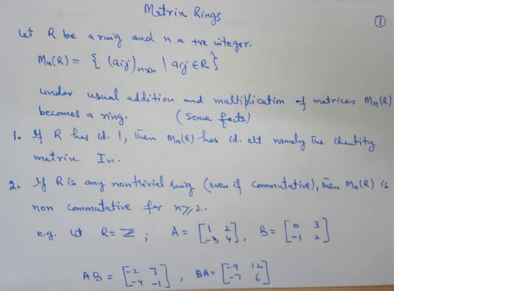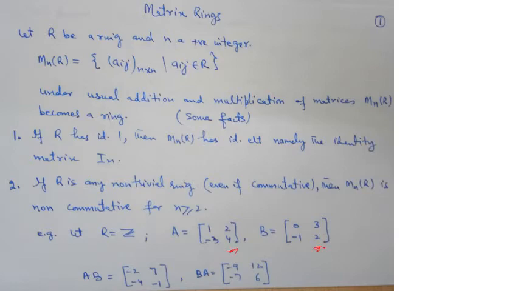If R is any non-trivial ring, even if commutative, then M_n(R) is not commutative for n greater than or equal to 2. For example, we take the ring of integers and two matrices, A as this matrix and B as this matrix.